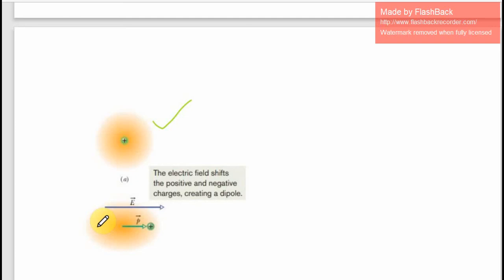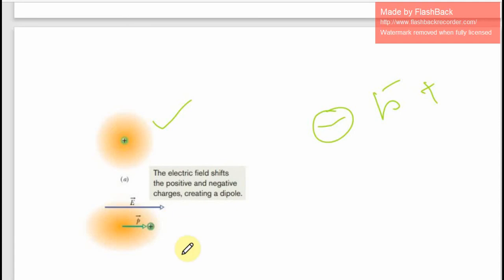This shift sets up a dipole moment p that points in the direction of the positive charge. I said that the direction of the dipole moment is from negative to positive charge. So when I place this non-polar molecule in an electric field, the electrons move opposite to the field, and a dipole is induced in this molecule, which sets up a dipole moment that points in the direction of the field.